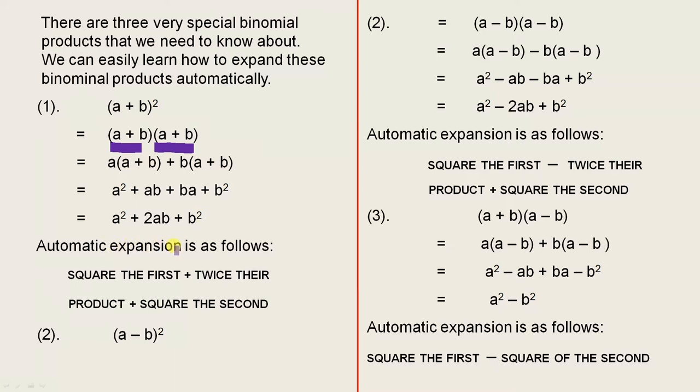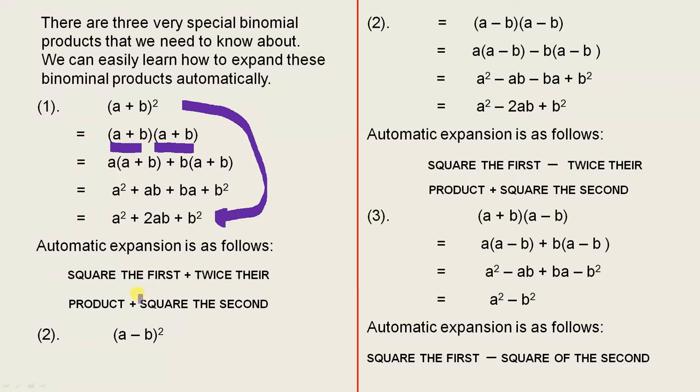And the automatic expansion is as follows. Once we get used to this, we can actually go from that line to this line automatically. We don't need to show the working, and this is how we do it. Whenever you have an expansion of this type, you square the first. a is the first, so you square it. That gives you a squared.